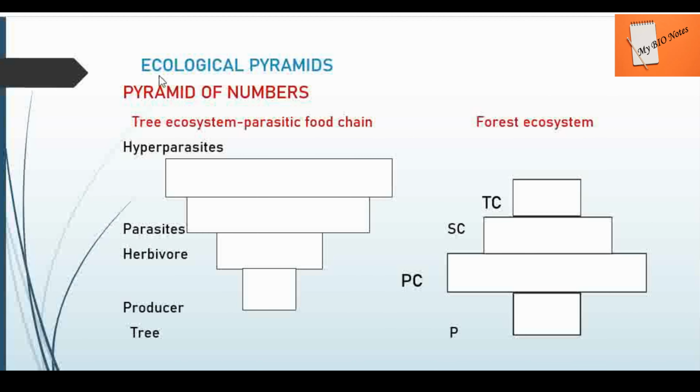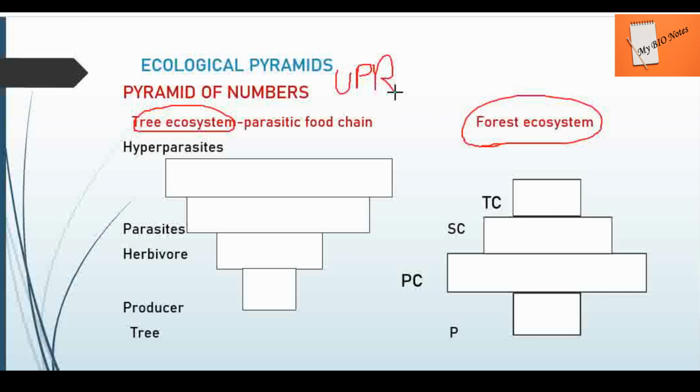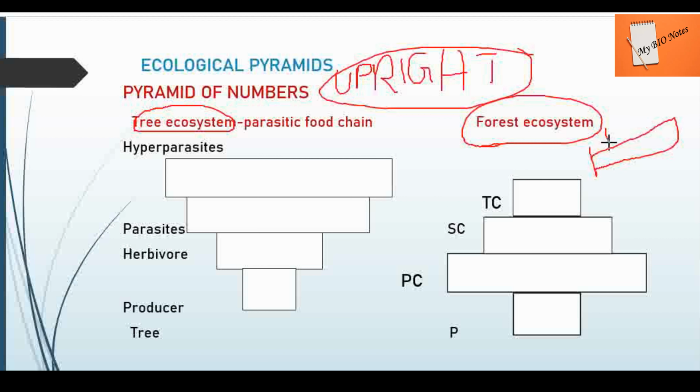Next we'll move on to the next slide. Here they have given the same pyramid of numbers for a tree ecosystem. In the previous slide we saw grassland; this one is for a tree or forest ecosystem, and it is a little different. We saw that the pyramid is upright: going from bottom to top there is a decrease, the bottom is more and the bar gets smaller as you go up, as in the grassland ecosystem.